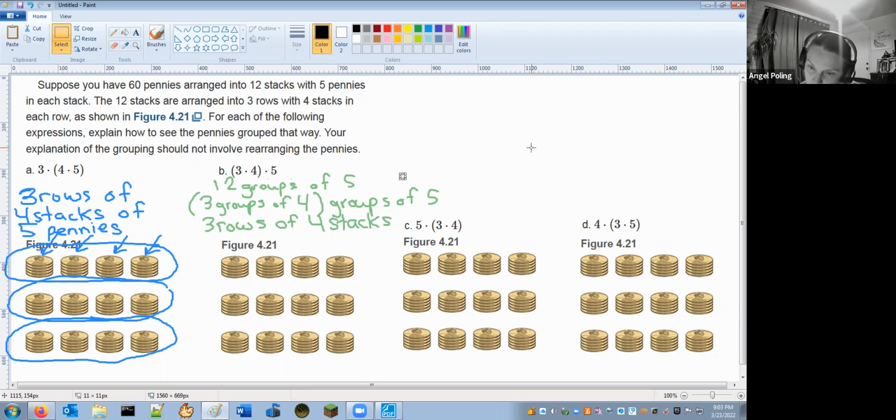Three rows of 4 stacks, giving us 12 stacks. And then each stack has 5 pennies.